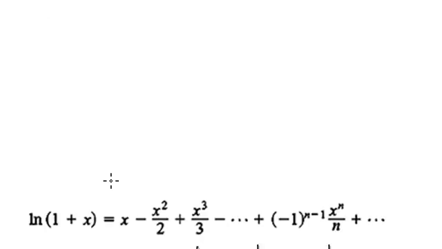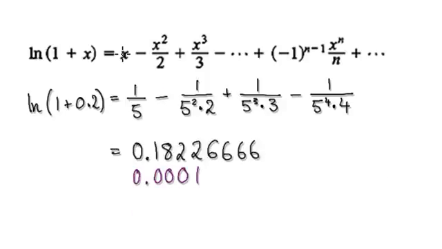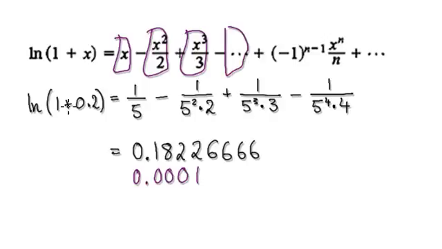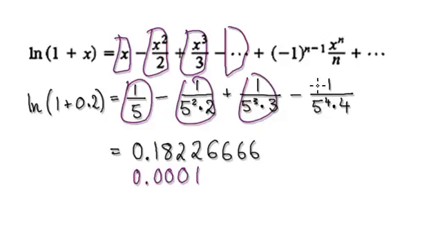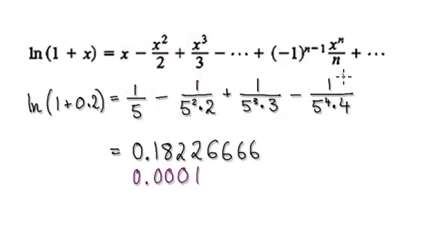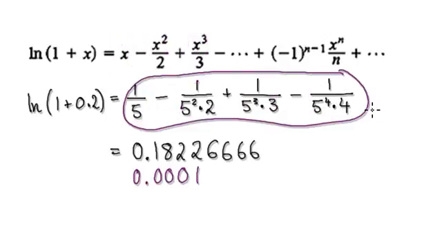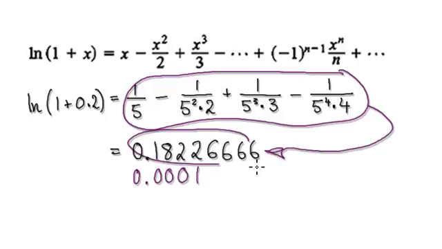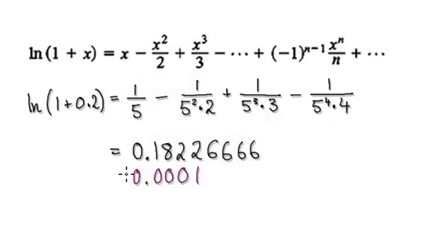Okay, so hang on. Going back to here, we would need 4 terms. So looking at this, we would need 1, 2, 3, 4 terms. Well, if you get a calculator and punch this in, it will then give you this. And remember, if we have 4 terms, our error will be within this amount. So what that means is this could be plus or minus this amount here.